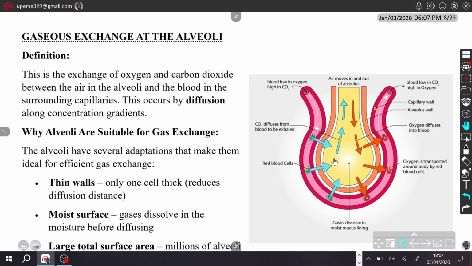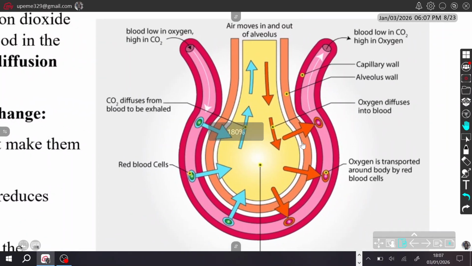So it occurs by diffusion, meaning that for the oxygen coming to enter the bloodstream here, there is a concentration gradient. Concentration gradient meaning difference. The concentration of oxygen in the alveoli is higher than in the capillaries, and because of that, oxygen will automatically start going where it is in low concentration by the process called diffusion.